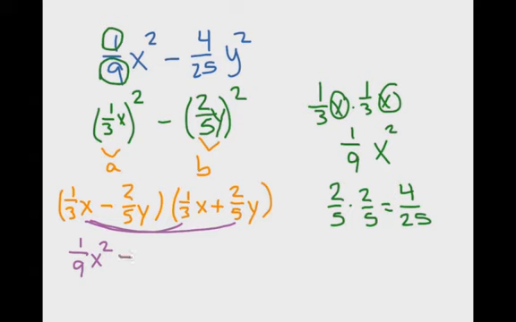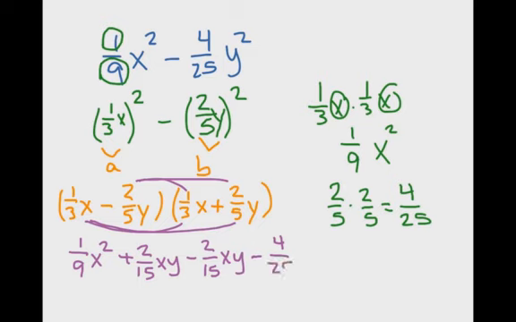And then we're going to get 2/15 xy, and then a minus 2/15 xy, minus 4/25 y squared. Once again, middle terms cancel out, and we are left with exactly what we started with, 1/9 x squared minus 4/25 y squared.